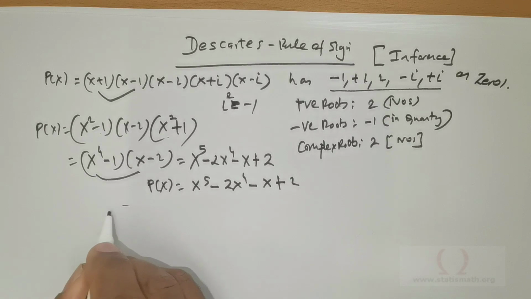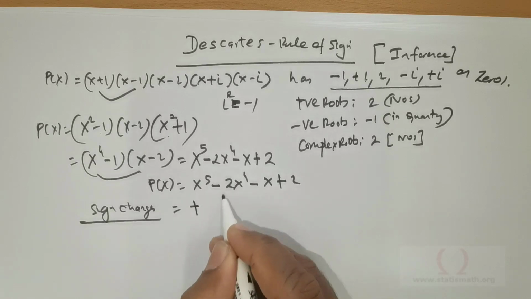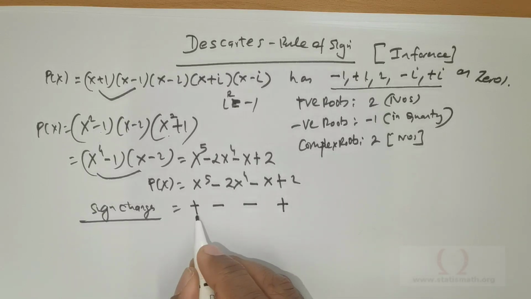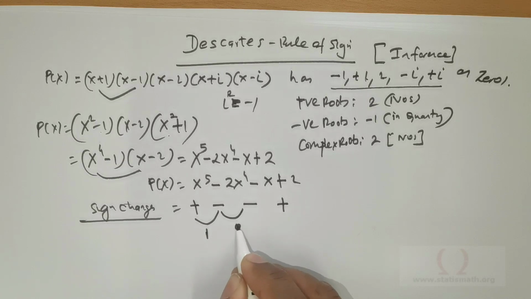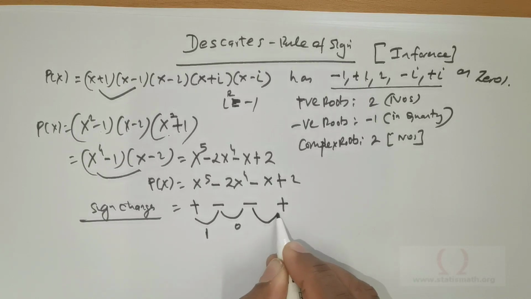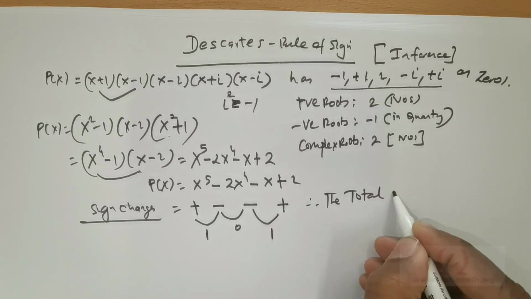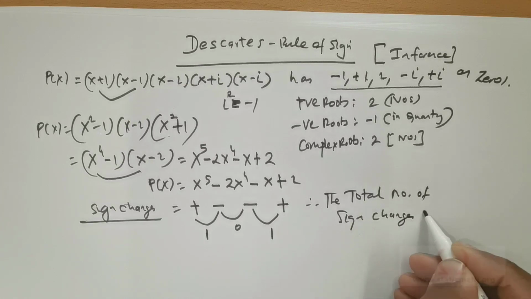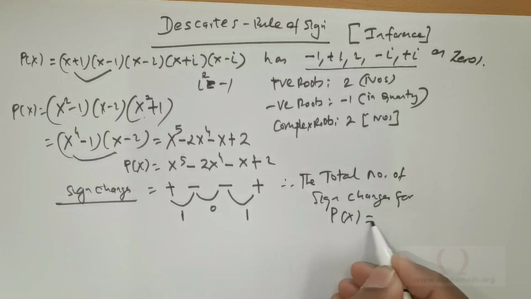Now write down the sign changes. We have a positive sign, a negative sign, a negative sign and a positive sign. From positive to negative there is one sign change, then there is no sign change, and from negative to positive there is one sign change. Therefore the total number of sign changes for the polynomial p(x) is 2.